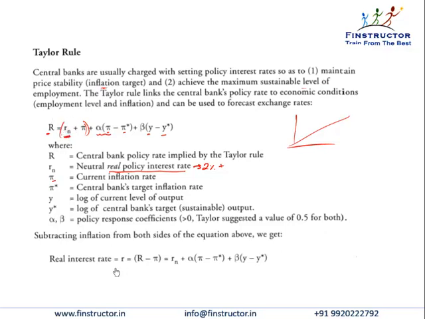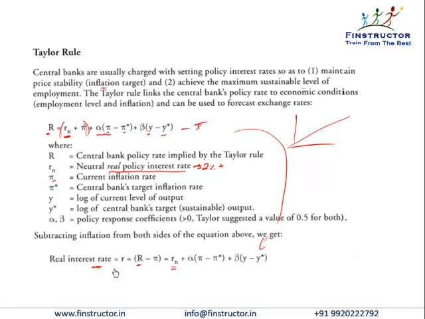Now the real rate of interest at any point in time in the economy would be the current nominal rate minus inflation, or it will be the real rate. From this term, if we subtract inflation, we will get this equation, that is the real neutral rate plus alpha times the inflation gap plus beta times the output gap.